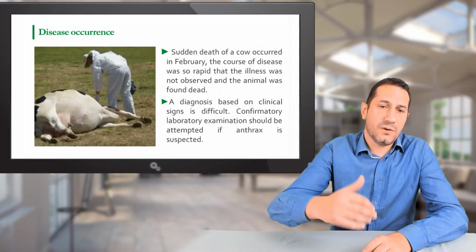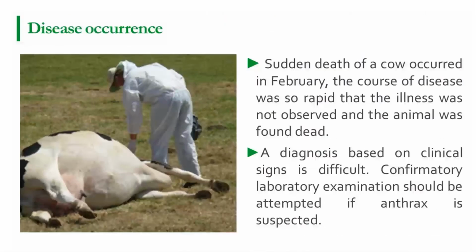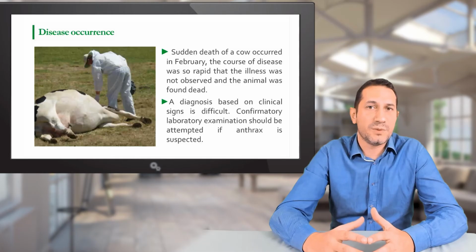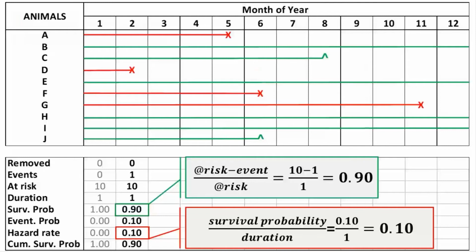But in the second month, we had the case. In February an animal died, and as usually with anthrax, a sudden death occurred, and the vet would go there and do the diagnostic, and we proved out that this is an anthrax case. And we do the second row, the second column.